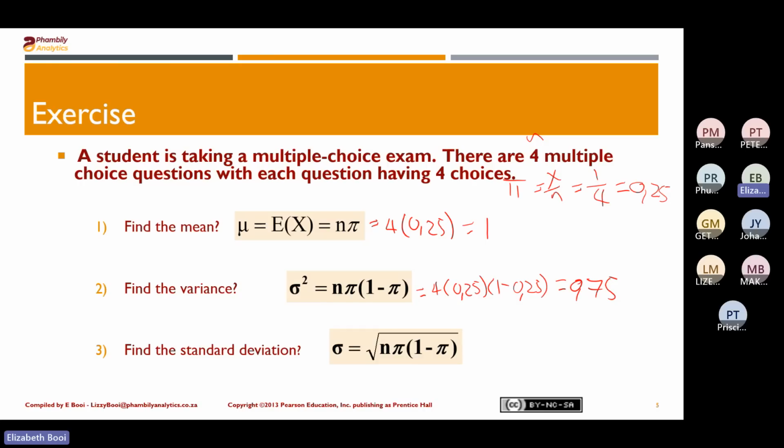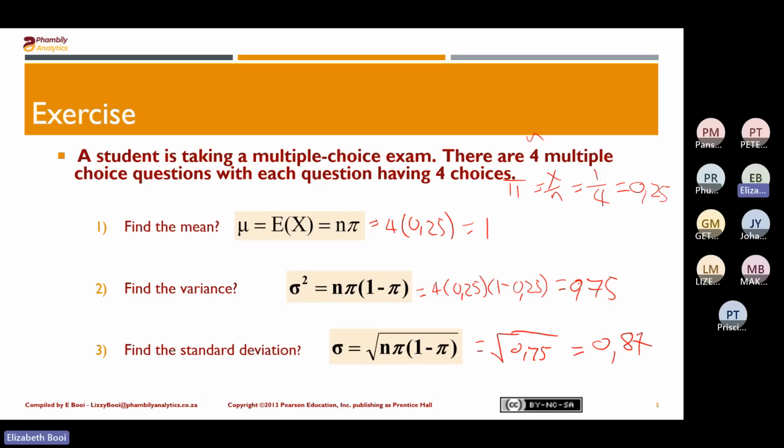And to calculate the standard deviation, we just take the square root of 0.75, and that is 0.866, which is 0.87.